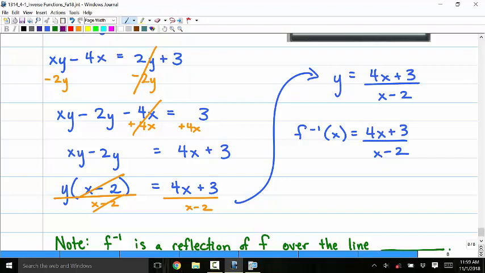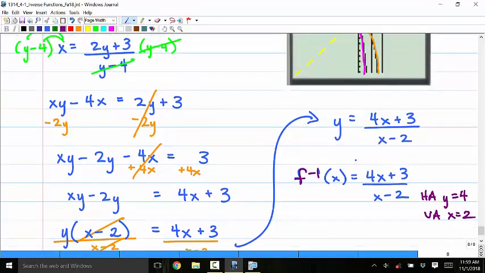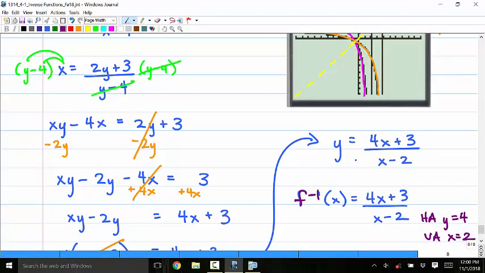For my inverse function, what is my vertical asymptote? x equals 2. What is my horizontal asymptote? y equals 4.